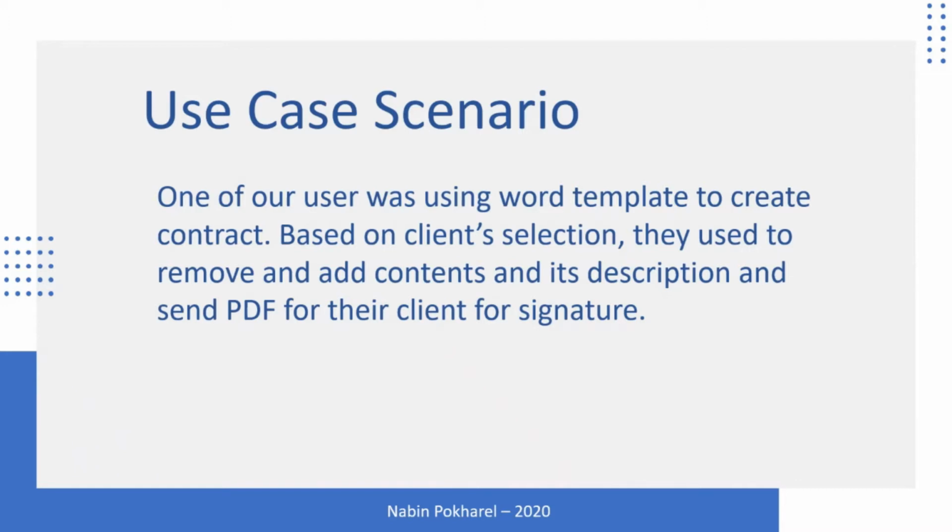This contract is based on a demo company, not real, but the use case we did was similar in a different scenario, and you can implement it in your scenario by learning something from this.